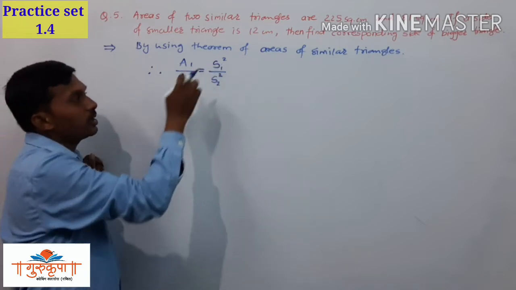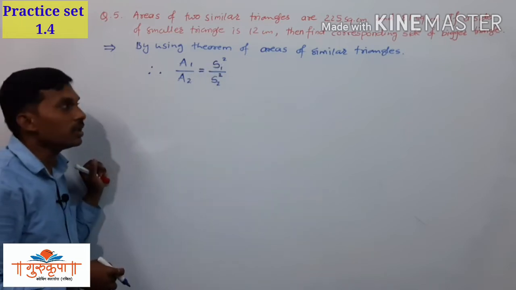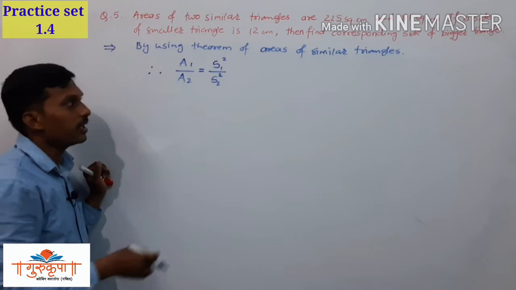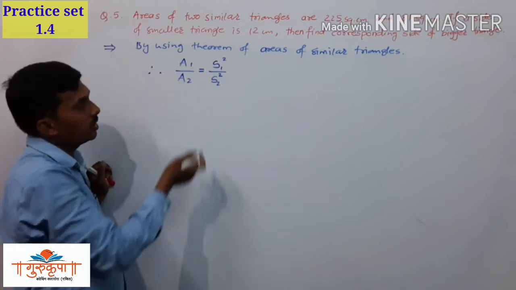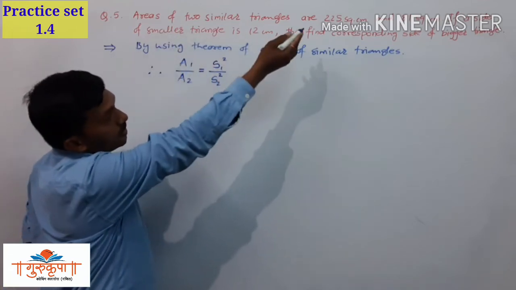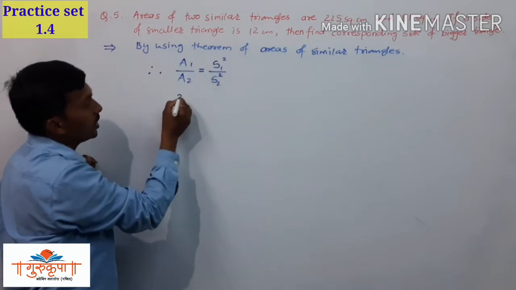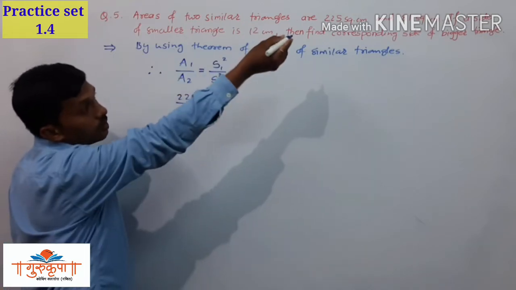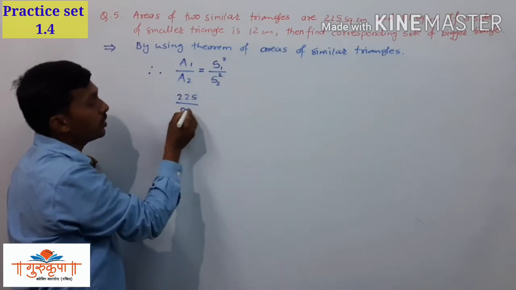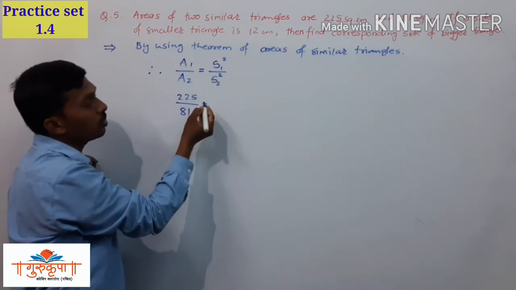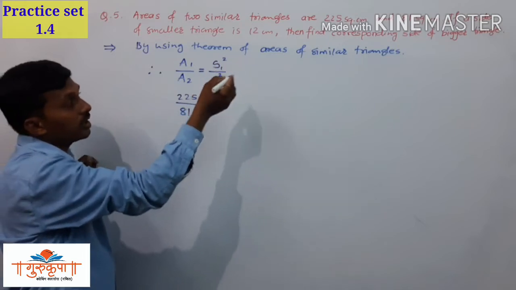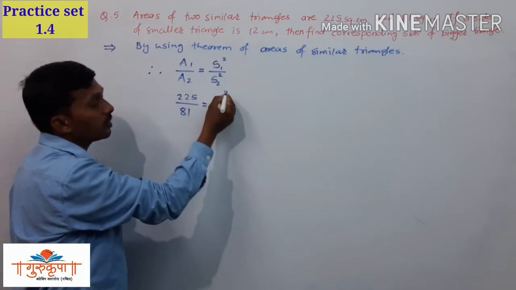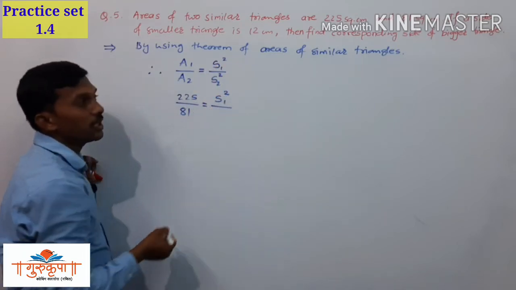Now put the values there. A1, the first triangle which is bigger, has area 225, upon A2, the smaller triangle, whose area is given as 81. It is equal to the side of the bigger triangle, which we have to find.